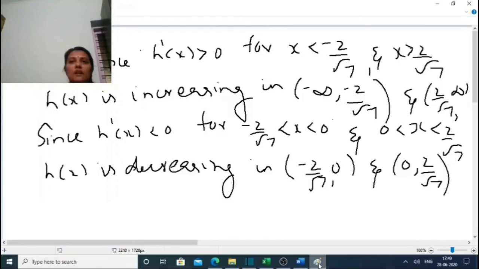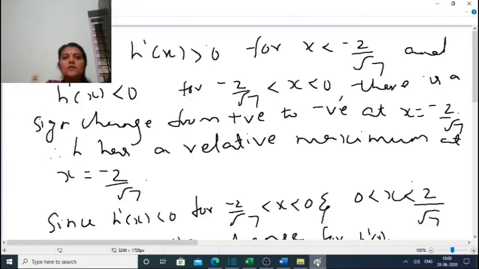Now we have to find the absolute and global extreme values. Since h dash x greater than 0 for x less than minus 2 by root 7 and h dash x less than 0 for minus 2 by root 7 less than x less than 0, there is a sign change from positive to negative at x equal to minus 2 by root 7.